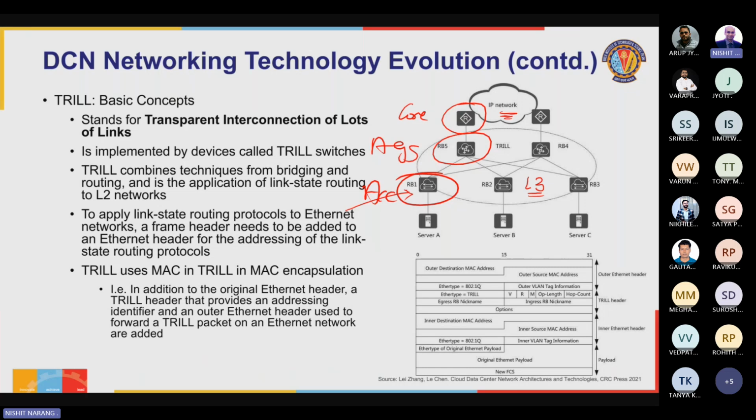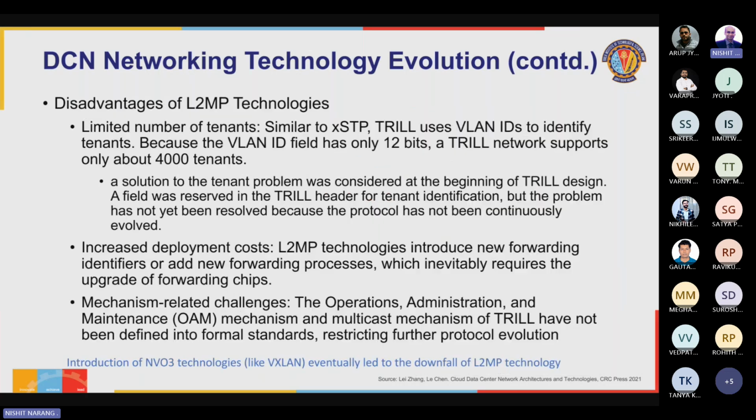So by this time, this concept of cloud computing had already started to come in. I want to support over my data center network multiple tenants with their own virtual machines and virtual networks. L2MP can do this because we still have that concept of VLANs that I can create on top of my layer 2 networks. Trill is still a layer 2++. It doesn't do away with the layer 2 protocol. So VLAN is still a layer 2 protocol that exists. I can use the VLANs to create virtual networks for different tenants that I have.